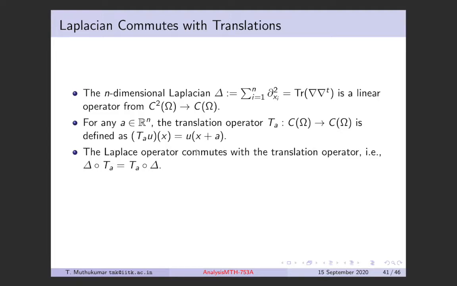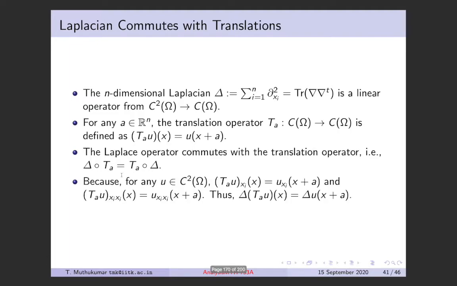So the nice property about Laplace operator is that it commutes with the translation operator in this sense. That is, the composition with the translation operator commutes. So what does this mean? Okay, let's look at a proof. So let's look at what is the derivative of the translation of a function.